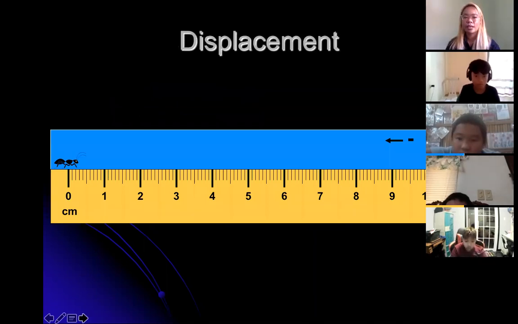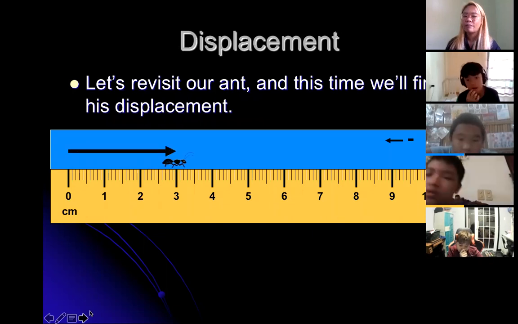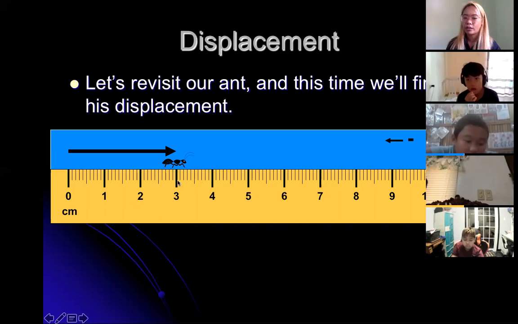Okay, so for example here, let's go back to the ant, the traveling ant or the crawling ant along the ruler. Okay, so for example, this is the movement of the ant. So it traveled from this starting point to this end point. So it's a positive movement, okay, going to the east. So we can say that the distance of this ant is 3 centimeters.